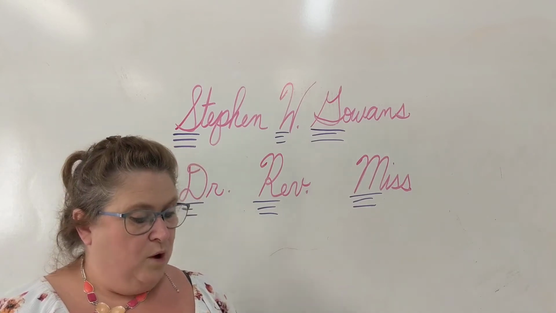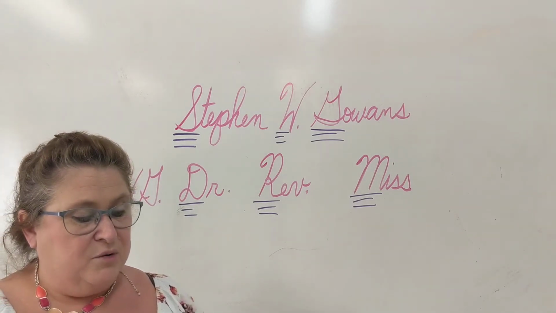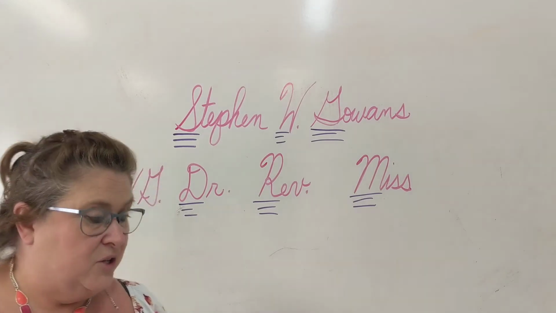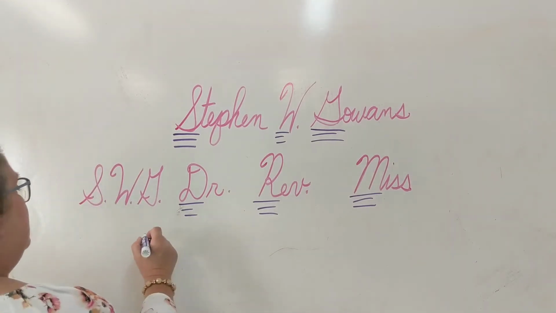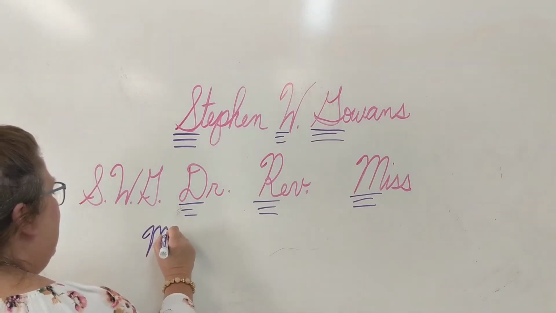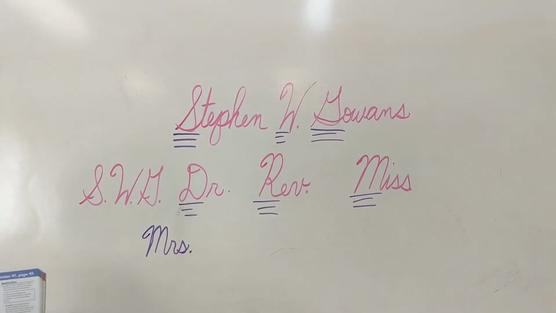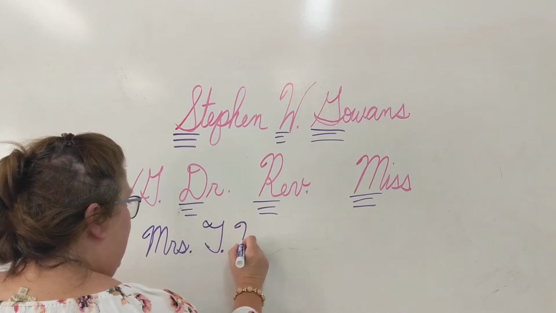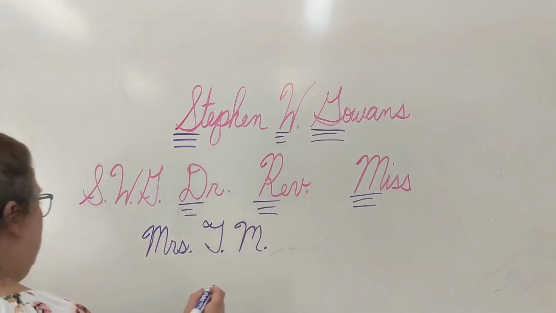So here for number 1, it says Mrs. T.M. Harder brought cookies to our class on Monday. Well, we like Mrs. T.M. Harder if she brought us cookies, don't we? So if we're going to write Mrs. T.M. Harder, first of all, her title of respect has to be capitalized, Mrs. T and M are both initials, so they have to be capitalized, capital T, period, capital M, period, and her last name is Harder.